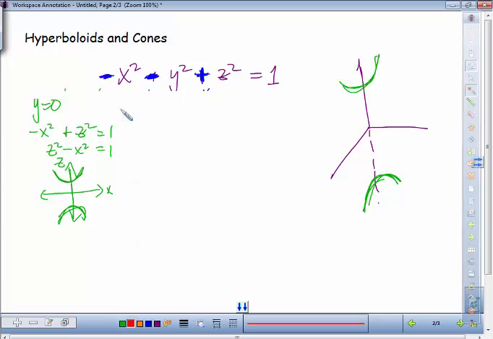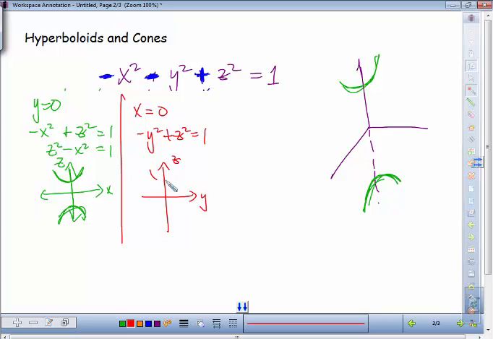The next one is if we let x equal to 0, we get something really similar. Another hyperbola on the yz plane, opening up along the z-axis again.